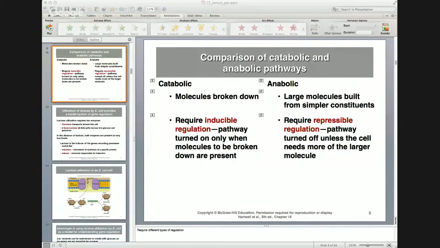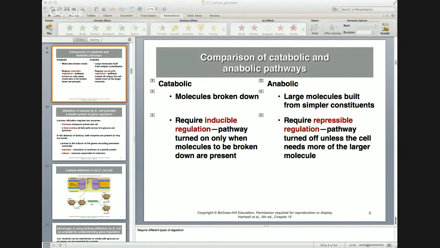And OC mutants prevent the repressor from binding at the OC site. There's a change in the nucleotide sequence, and it prevents the repressor from binding.